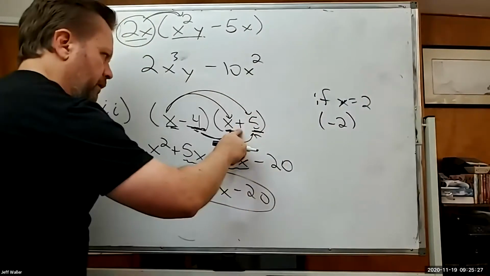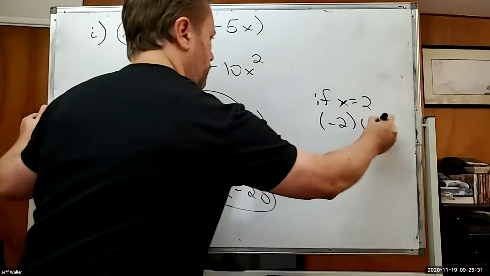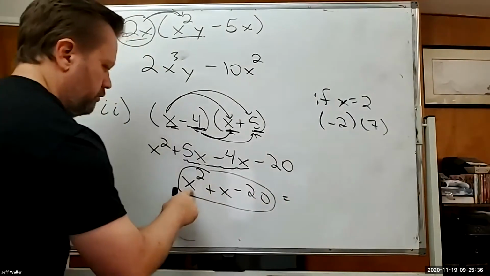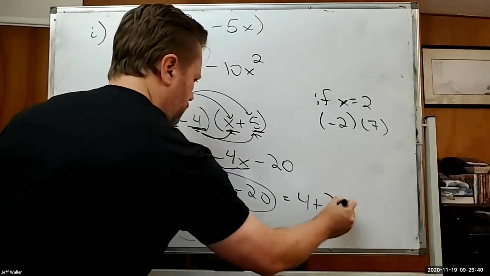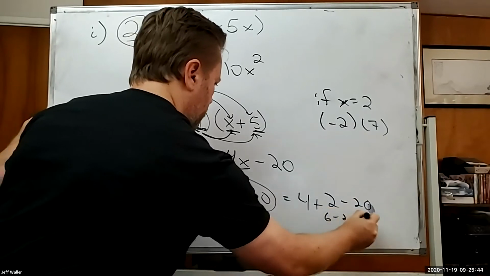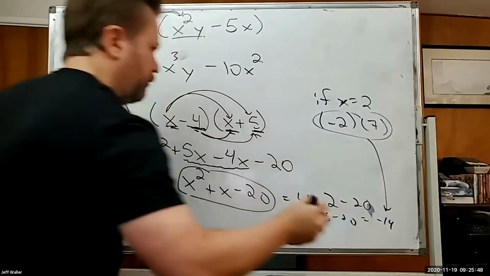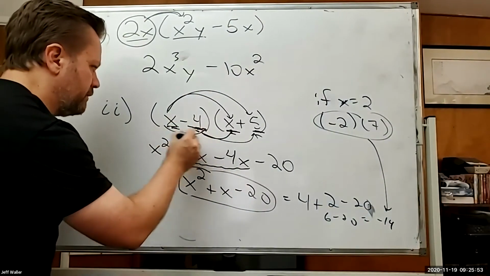What would this number be if X is 2? 7. And now what would this be if X is 2? This would be 2 squared, 4, plus X is 2, minus 20. This is 6 minus 20. This is -14. And what's -2 times 7? -14. So all we did when we multiply this number, this is a number right here.